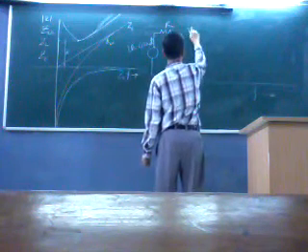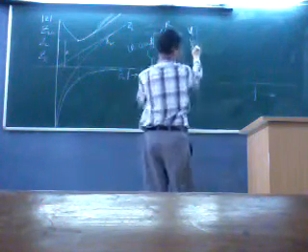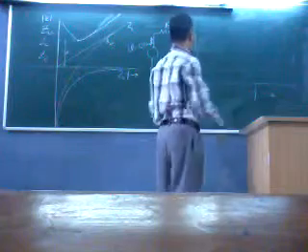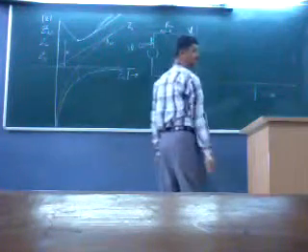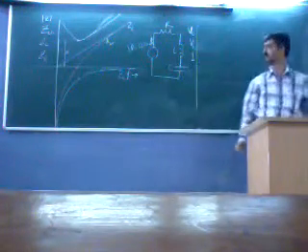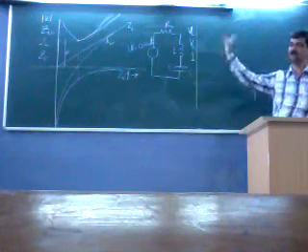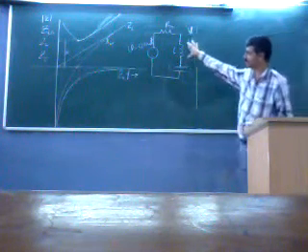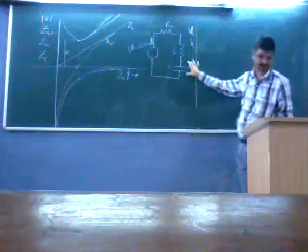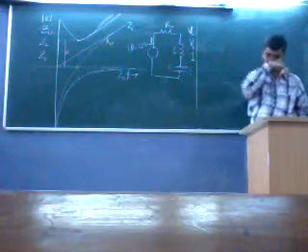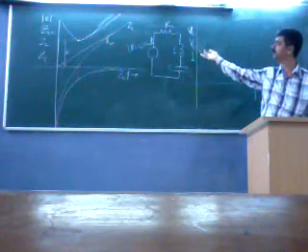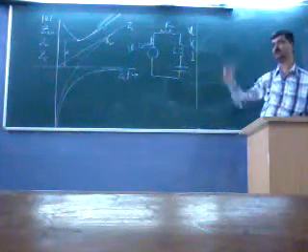Peak values Vc, Vl, and I, because otherwise they are sinusoidal: the peak values of voltage across the capacitor, voltage across the inductor, and the current. All are sinusoidal.